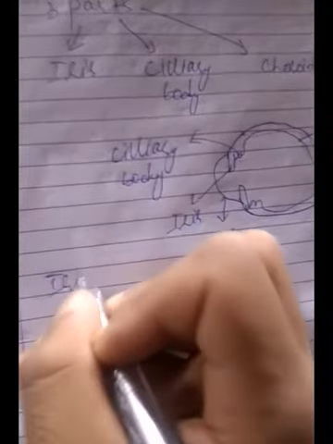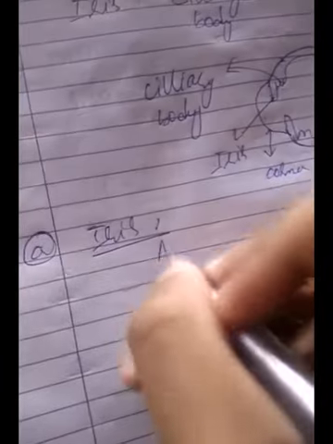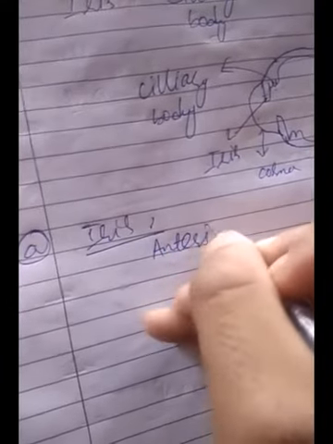First, we will discuss the first part of the vascular coat, iris. What is iris? It is the anterior part of the vascular coat.